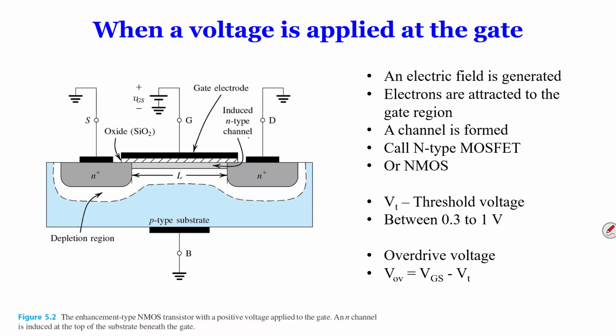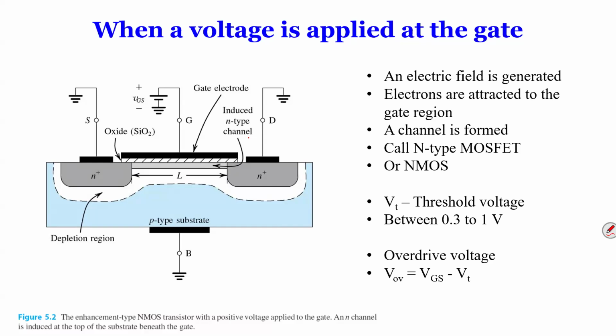Right now, this illustration is better than my hand drawing. What it says is, if you apply a voltage to the gate, you can see that this whole region becomes filled up with electrons. Between this end and this end, we call it the channel length.